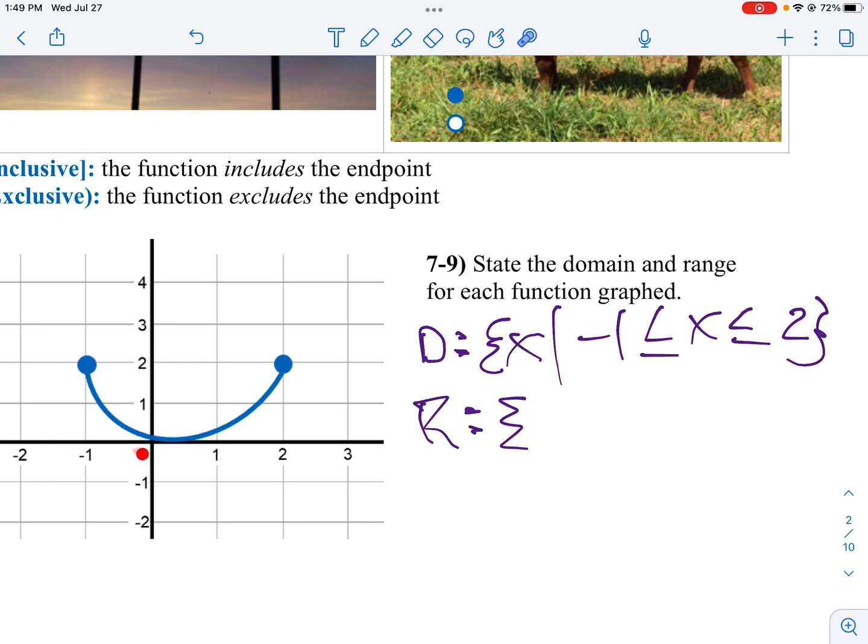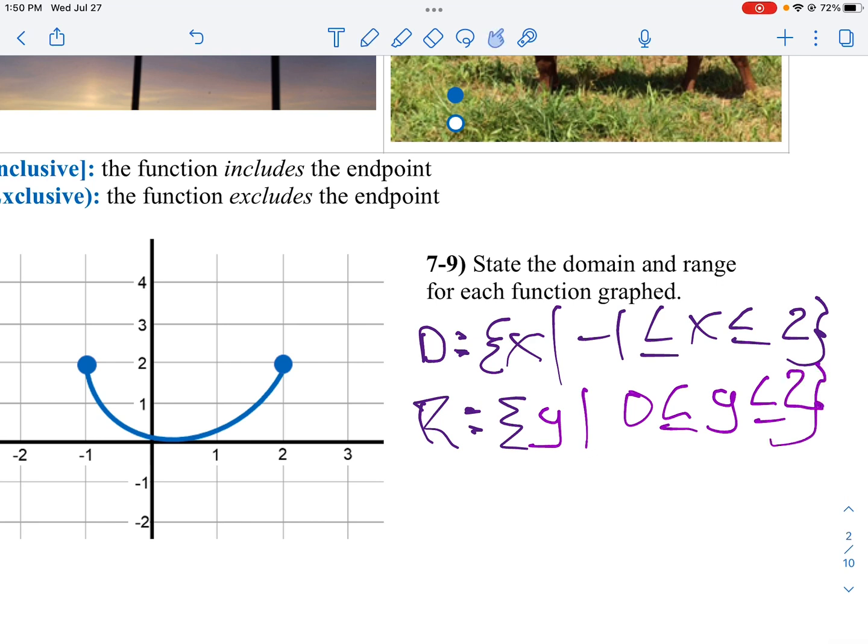Does my y touch 0? I'm going to say it does. This is kind of an opinion question if you're actually touching 0 here, but I'm going from 0 all the way up to 2. So my range value is the set of y such that 0 is less than or equal to y, which is less than or equal to 2, because this would be my inclusive.